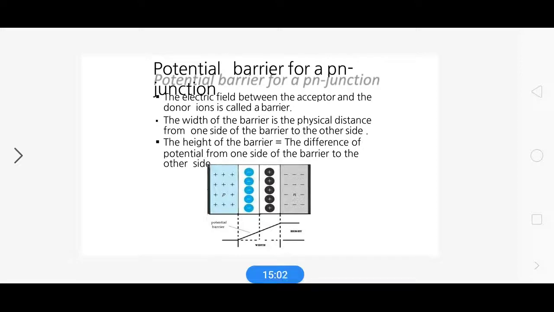The width of the barrier is the physical distance from one side of the barrier to the other side, and the height of the barrier is the difference of potential from one side of the barrier to the other side.